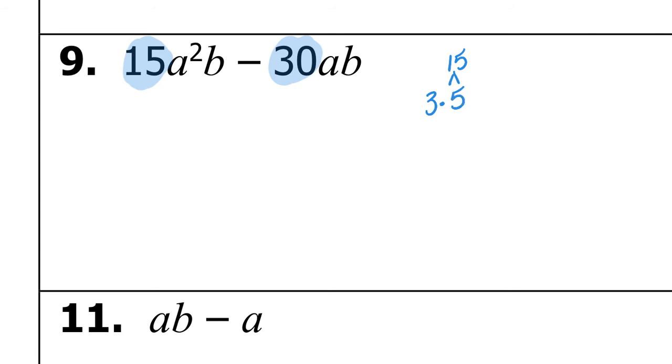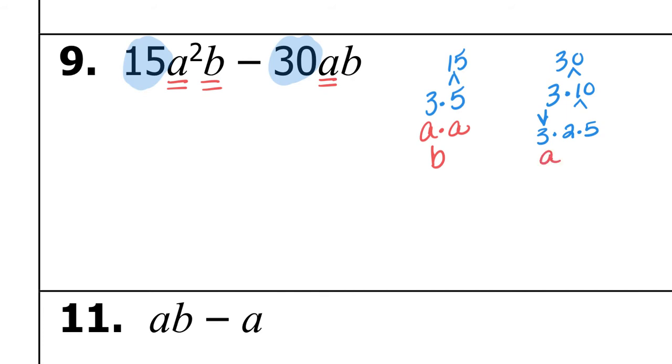And this term carries 2 A's and also a B. 30 can be factored into 3 times 10. And 10 can be factored into 2 times 5. If I look at what variables it contains, it has an A and it also has a B.